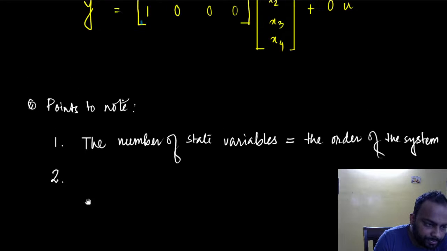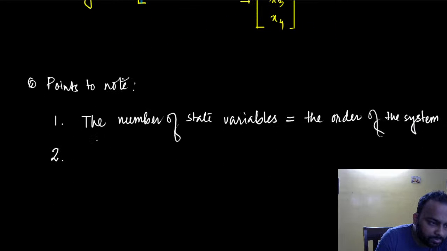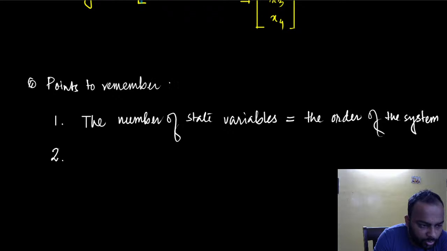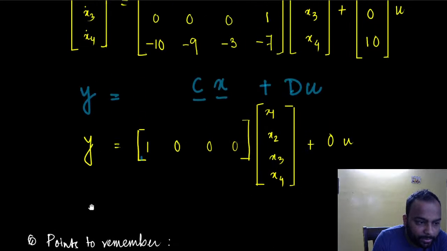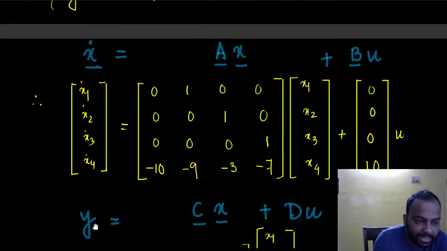Number two, now this is not a point to note really, but a point to remember rather. You did not really notice this, but you have to remember this. Someone is asking, can we write this as uppercase X?